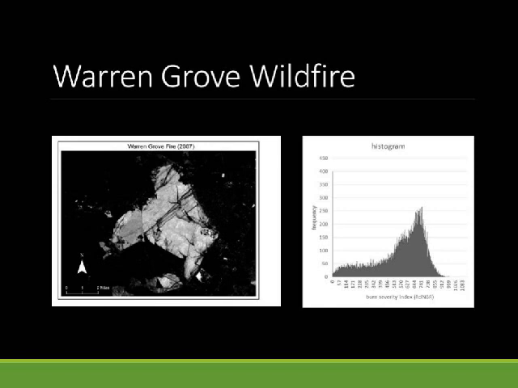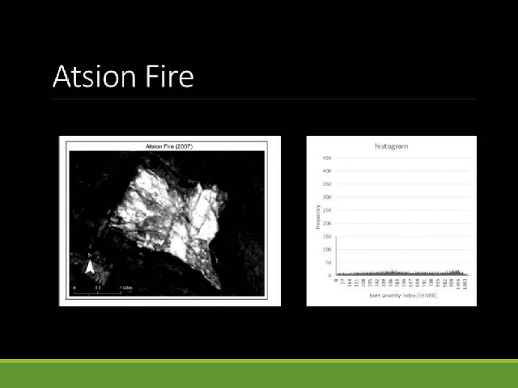And so the brighter the pixel, the more severe that pixel was. And so this histogram shows the distribution of those pixels for that fire, which was the largest fire in recent history in New Jersey. This is the Atsion Fire, and you can see it has a much flatter distribution.